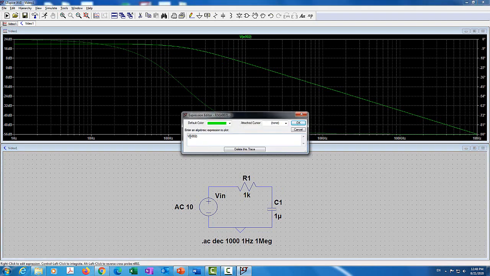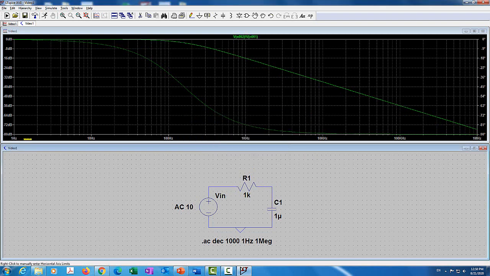This here is the algebraic expression. To find the gain, I have to divide by the input voltage, V(N001). So it's saying find the voltage V(N002), divide by the voltage V(N001). Now this is the gain.